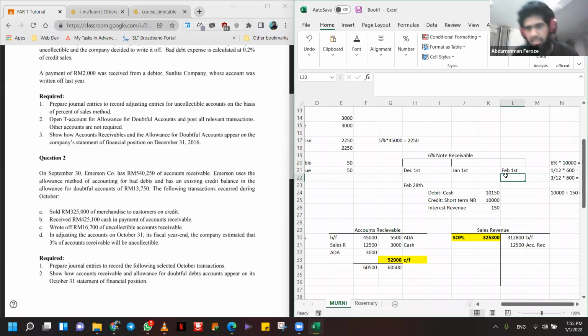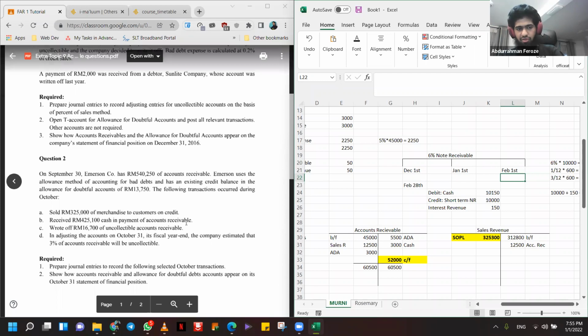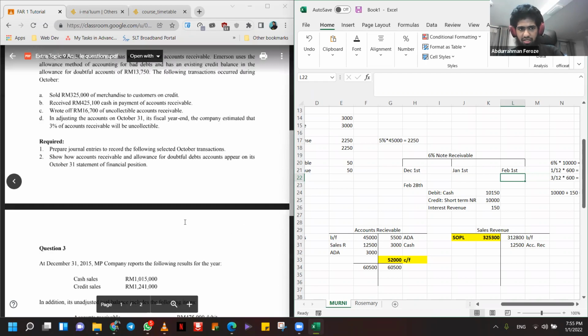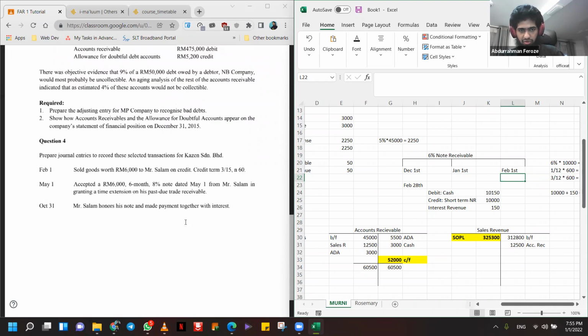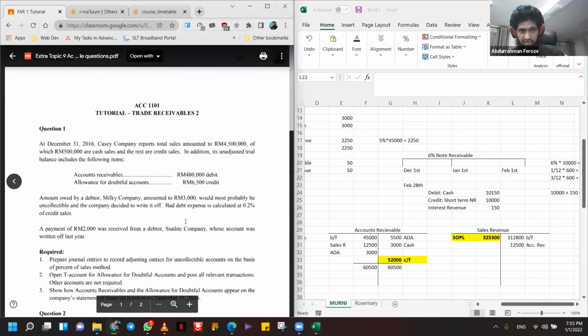So that would be covered like any other bad debt expense, wouldn't it? As in terms of the amount. Let me try to find a question that is there. I could not see a dishonored note receivable question. If your lecturer has shared a question that includes dishonored note receivable, please share it, and then maybe we can go through it. But as of now, I don't have a question that covers it.